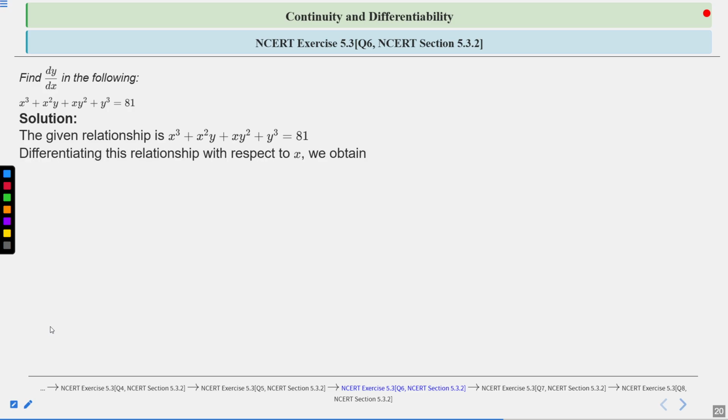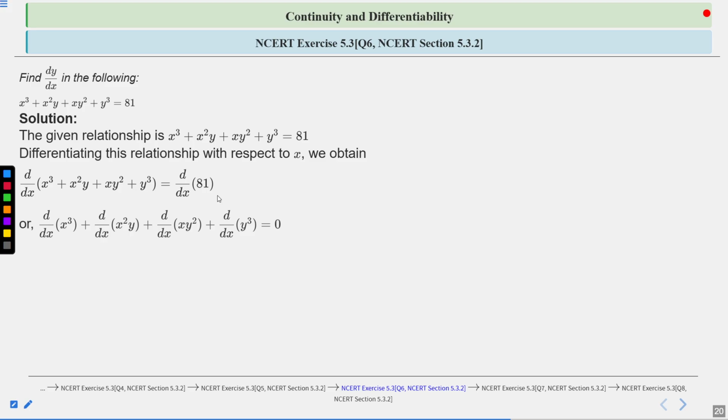Now differentiating this relationship with respect to x, we obtain d upon dx of x cube plus x square y plus xy square plus y cube will be equal to d upon dx of 81. Which will be basically d upon dx of x cube plus d upon dx of x square y plus d upon dx of xy square plus d upon dx of y cube, which is equal to 0 because differentiation of a constant function is 0.